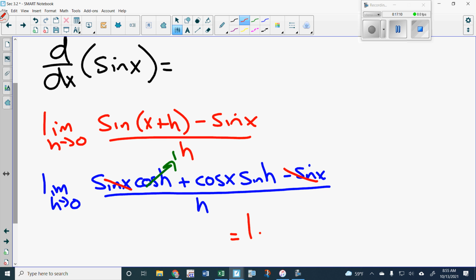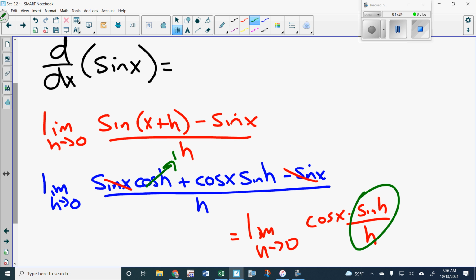Now, as h goes to 0, we have cosine of x times sine of h over h. Remember the sine of x over x as x goes to 0? It's the same limit, I just changed the variables. So that goes to 1, and my limit is cosine of x times 1.